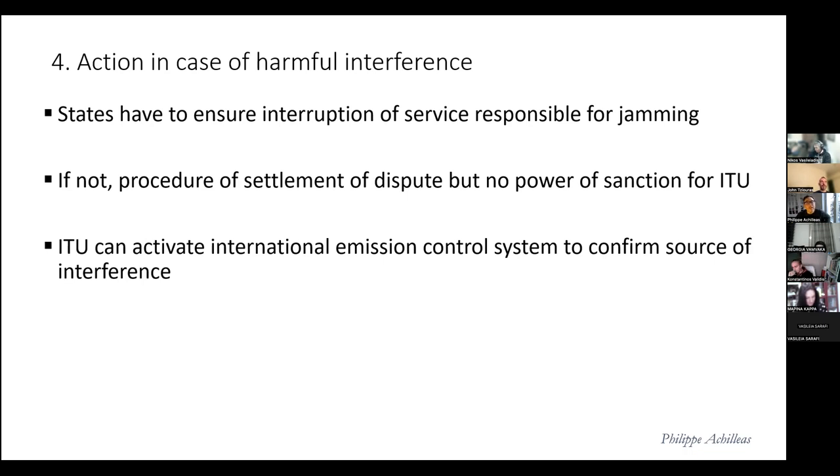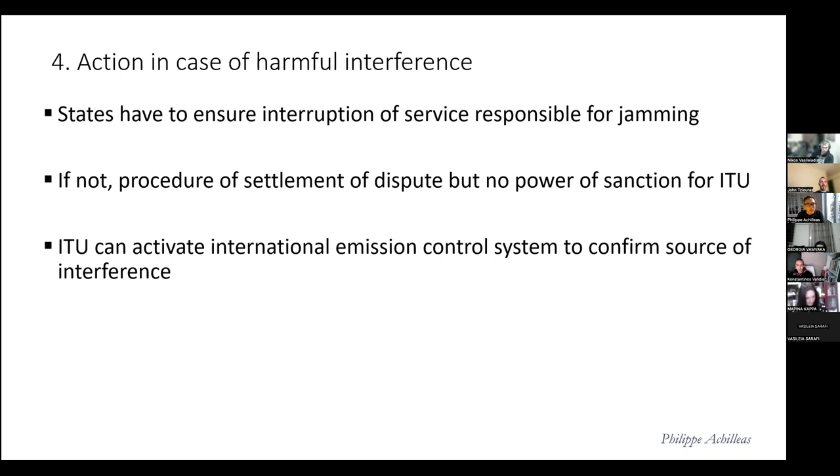However, the ITU can activate the International Emission Control System, which is a mechanism by which the ITU will identify the origin of the jamming. And the ITU will name the country responsible for the jamming.